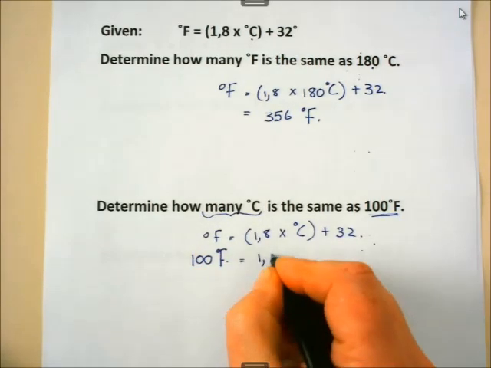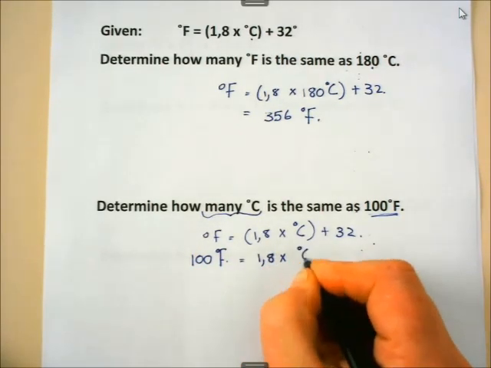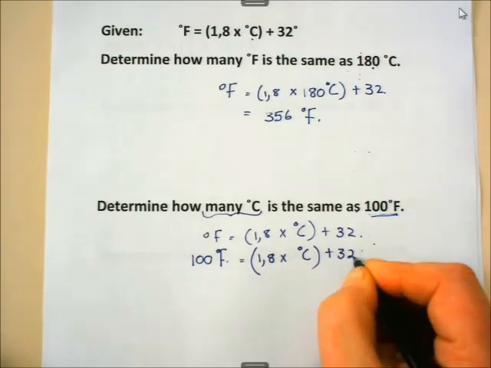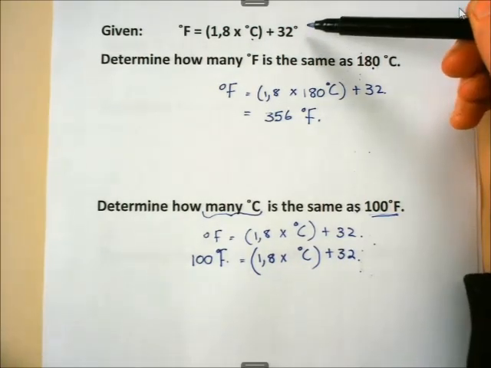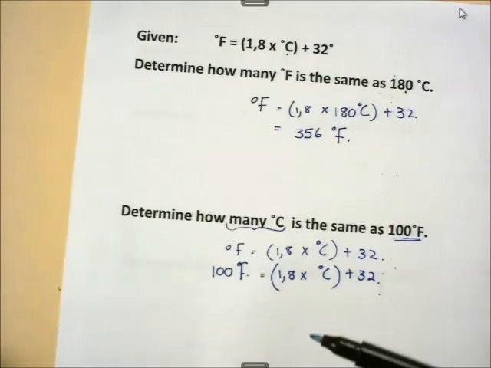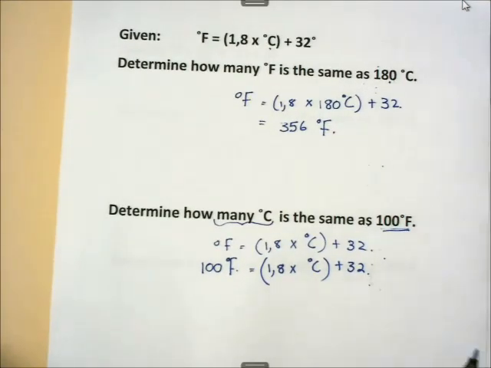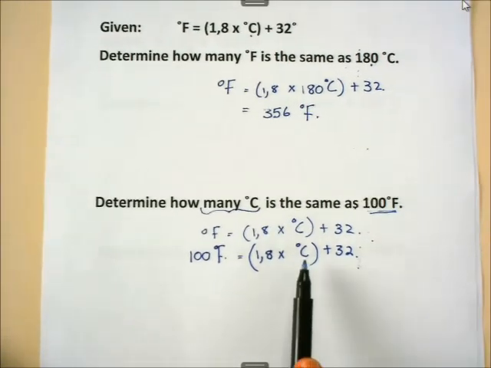So the one that I want to know about is degrees Celsius. If you are going to use the formula that was given, you are now having a little bit of a dilemma, because right now you need to get degrees Celsius to this side. In other words, you need to change the subject of the formula. How am I going to do that?